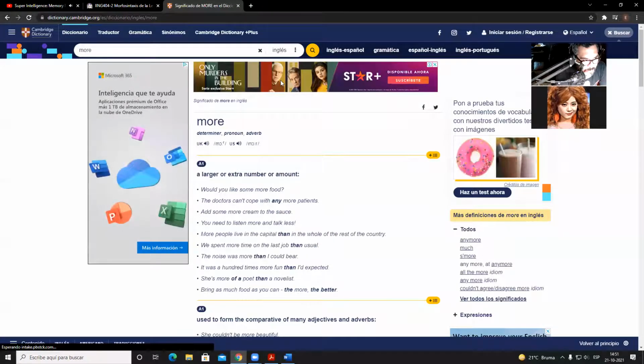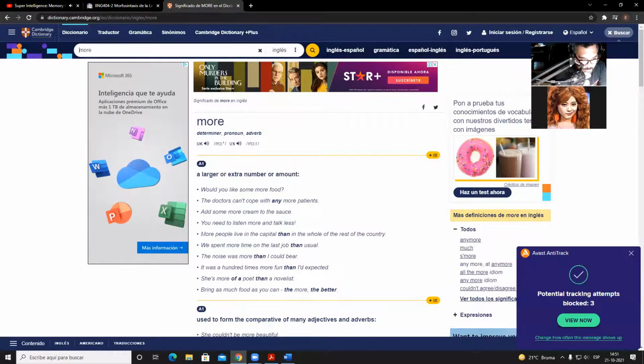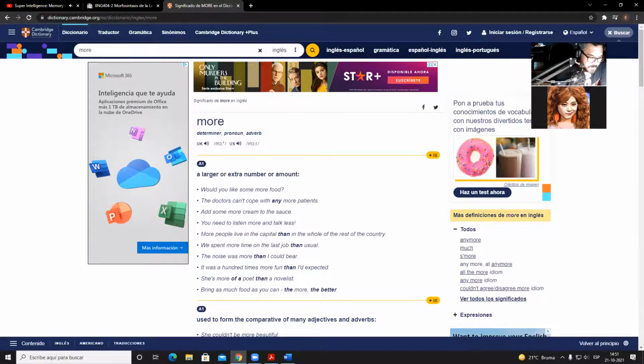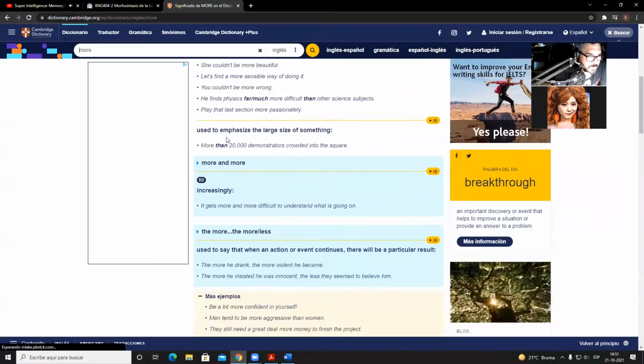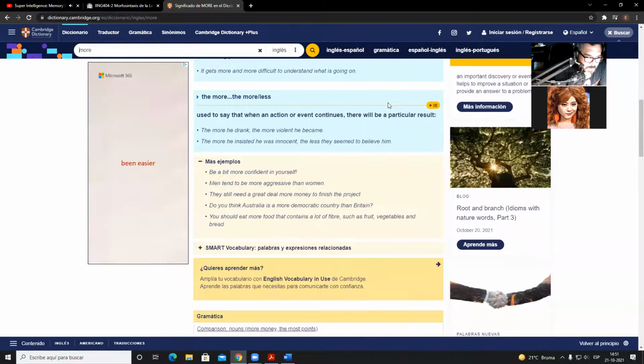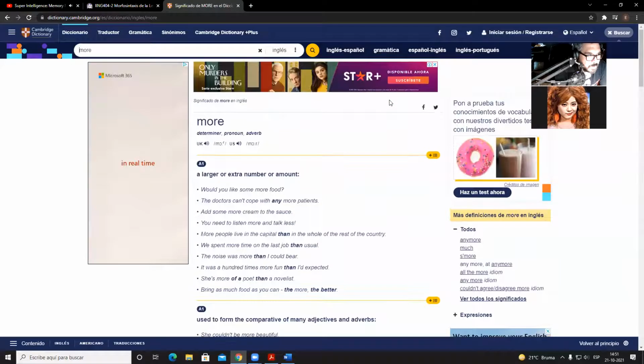A large or extra number of or amount, some more food. In that case, what we have is an adverb, I believe. No, it's a determiner, some more food. The doctors can't cope with any more patients. That's also a determiner. Used to form the comparative, that's the adverb. Used to emphasize the large size of something, that's a determiner. Okay, it could be a determiner, a pronoun, and an adverb.